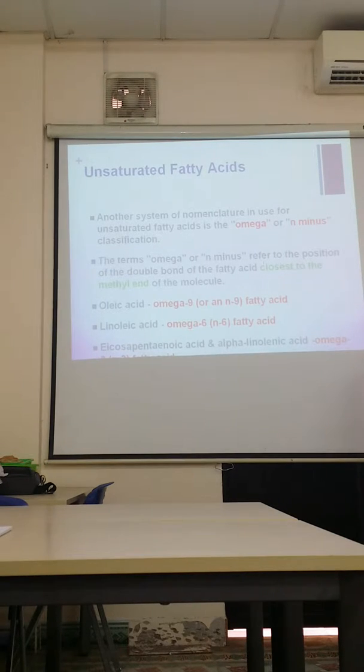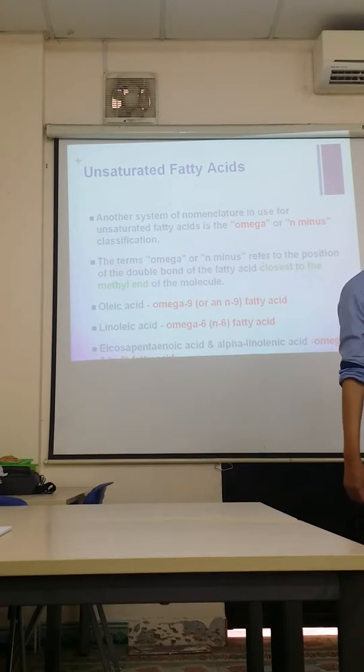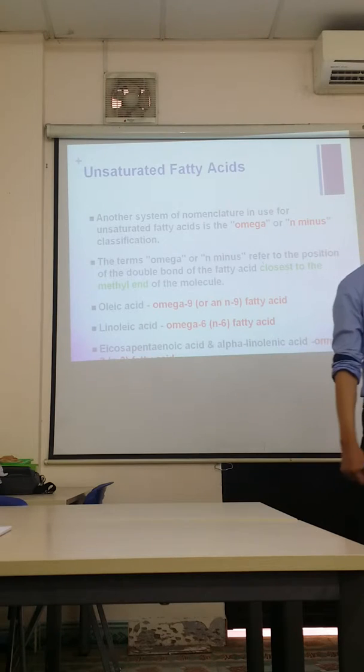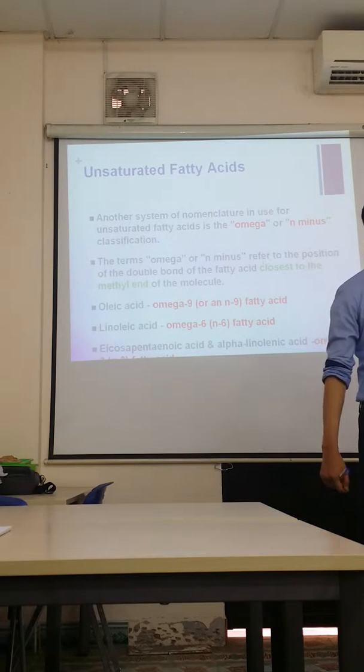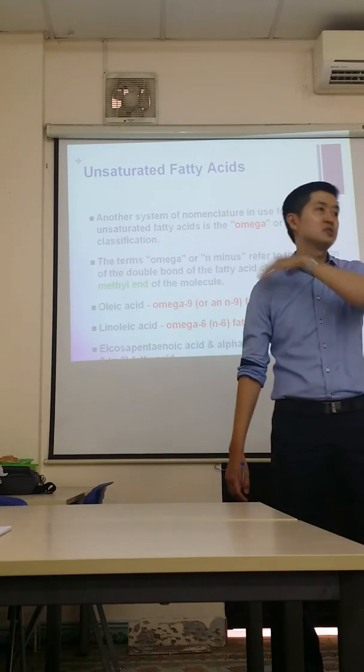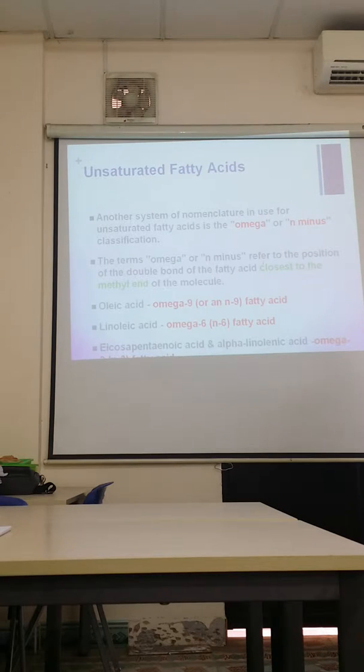If you refer to your notes, 3, 6, 9. Nature, okay, won't have 3, 5, 8. They don't have this kind of structure. They will have 3, 6, 9, 12, with four double bonds. Five double bonds, 3, 6, 9, and so on. So this kind of structure depends on the number of carbons.